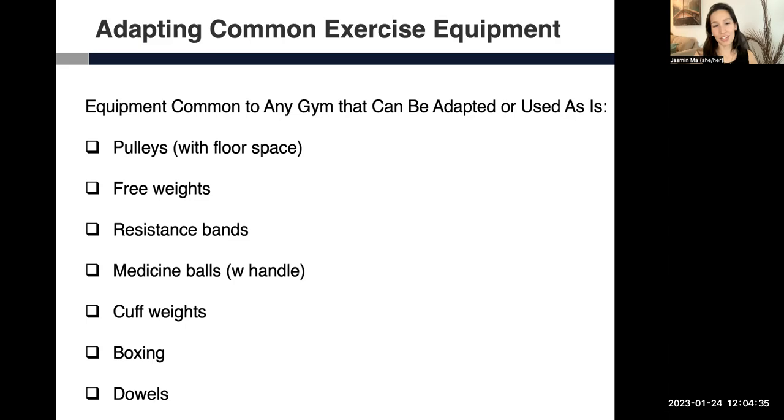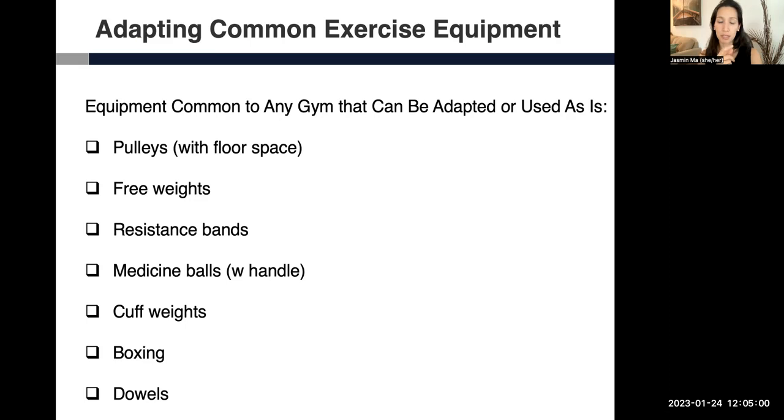Some of us are really fortunate to have access to beautifully adapted gym spaces like Park in Vancouver, but not all of us, not everyone is. So looking at typical gym equipment that we would see at a common community center, usually if I'm making a call to those spaces, I'm asking if they have pulleys.